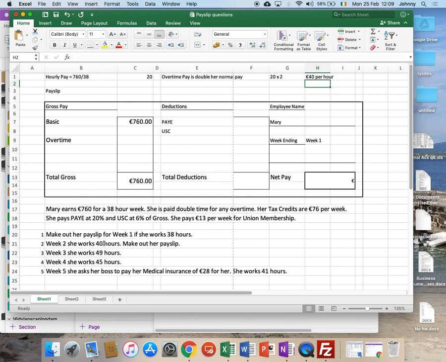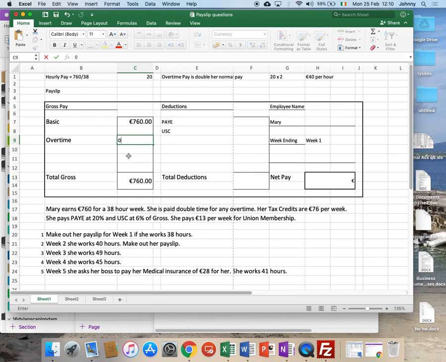So for week 1, how many hours overtime did she work? 0. So she has 0 overtime. If she worked, let's say 5 hours, it would be 5 multiplied by 40. Okay?